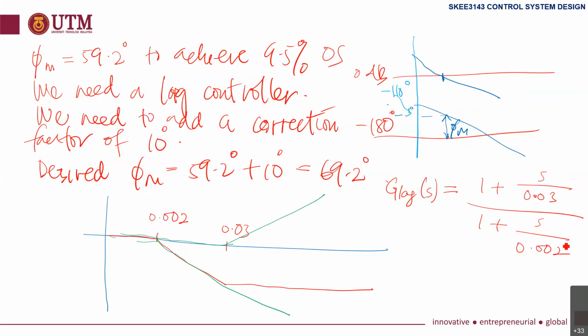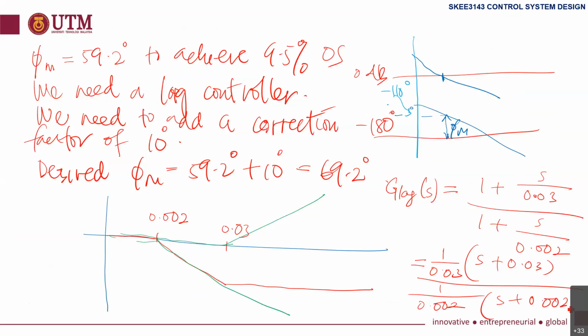So that is the transfer function, and we can rewrite 1 over 0.03 S plus 0.03 over 1 plus 0.002 S plus 0.002.